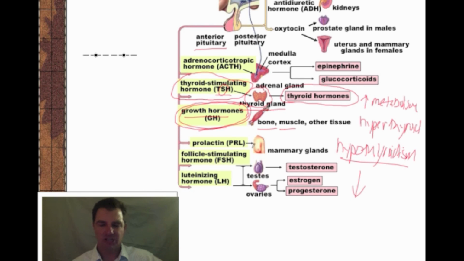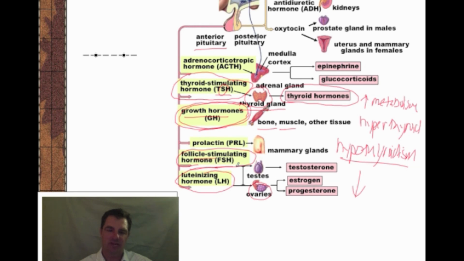Okay, I'll just mention this quickly here because we'll see these later on. Again, follicle stimulating hormone and luteinizing hormone. Follicle stimulating hormone causes, in males, the follicles to develop, which are basically making sperm, and in females, follicle stimulating hormone helps the egg develop in the ovaries.